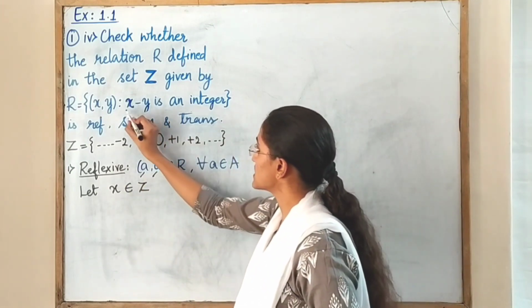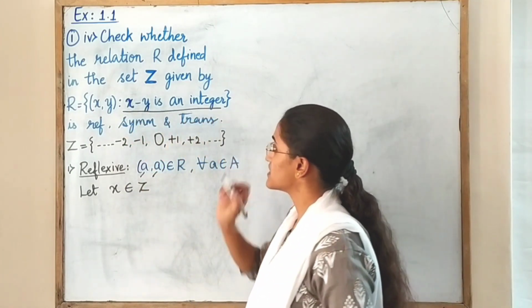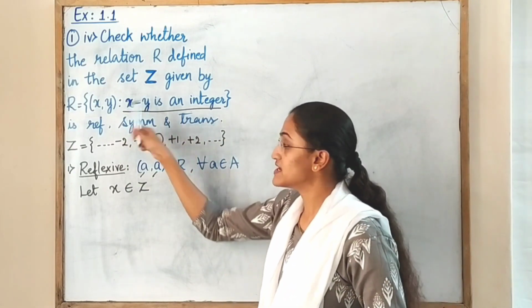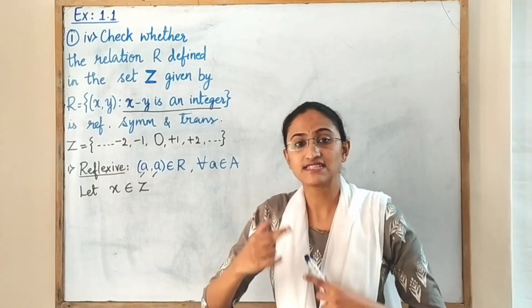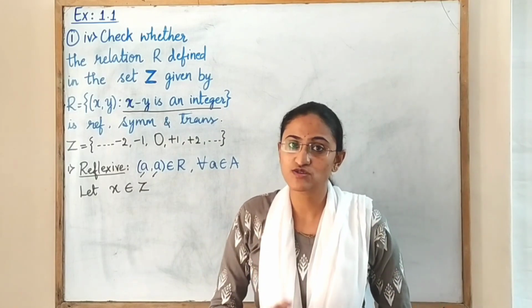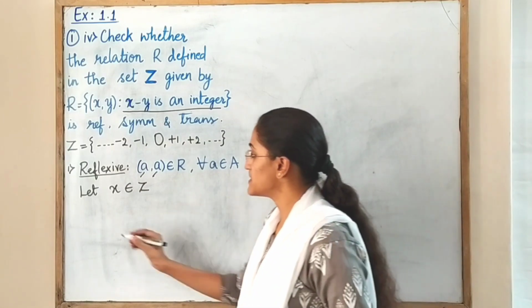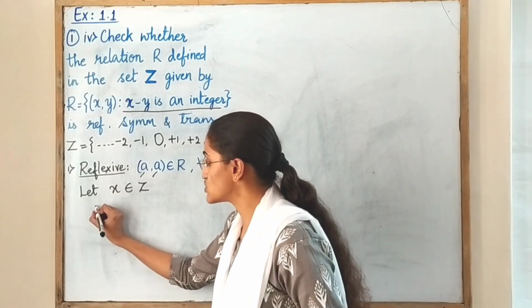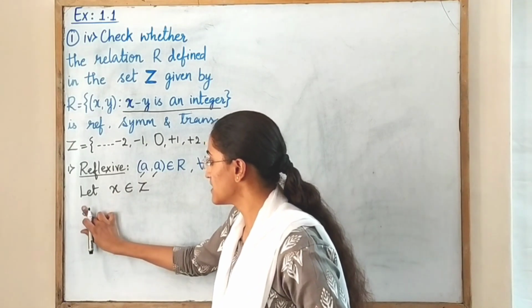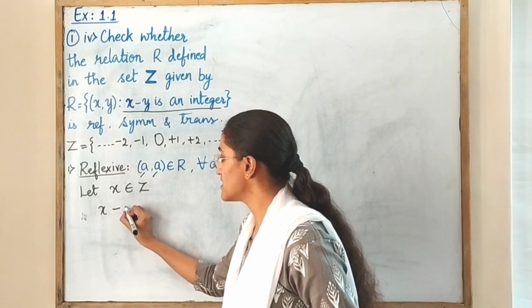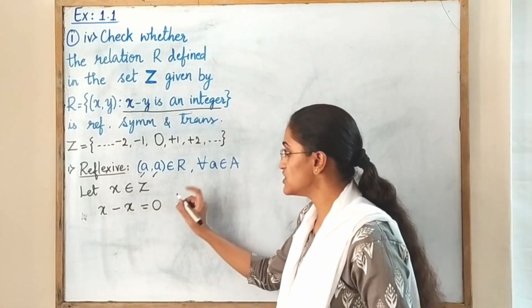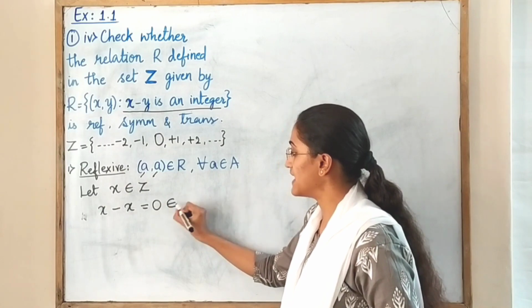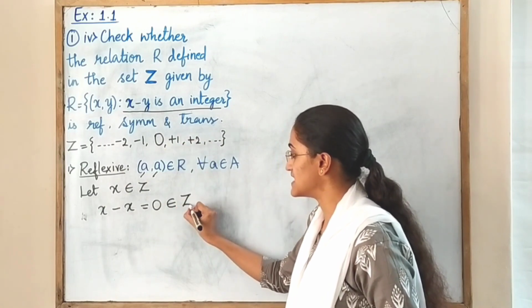Now, according to the condition they have given, if you take the difference between any two integers, then the resultant number is also an integer. Now, if I take the same element X twice, X minus X gives me 0, and you know that 0 is also an element of the set Z, right?